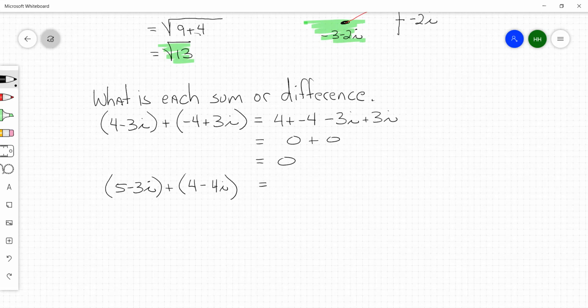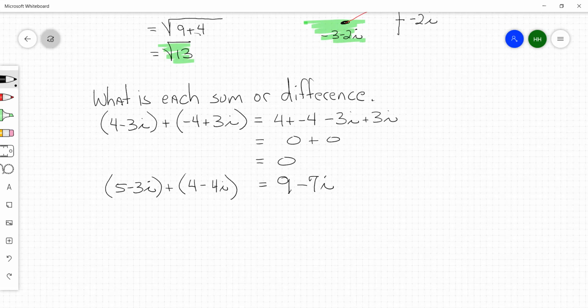So we get the 5 plus the 4, which is 9. We get a negative 3i plus a negative 4i, and that's negative 7i. It's relatively simple. Where you have to be very careful is when you're subtracting.